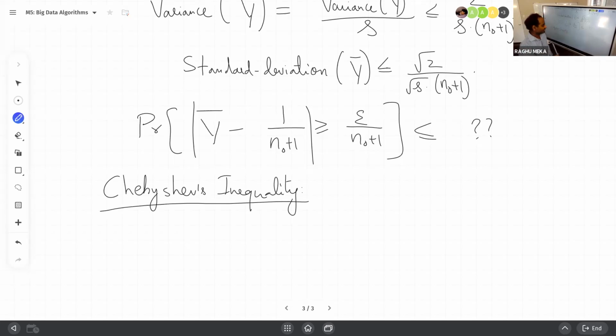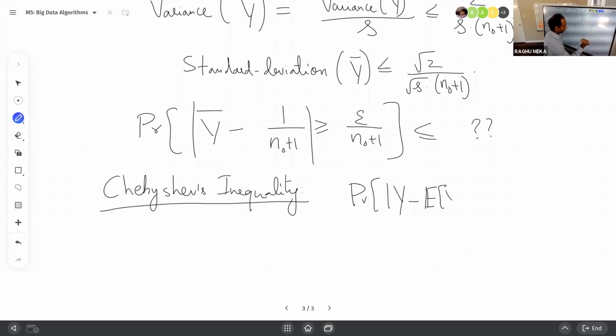Okay, which is a very widely applicable thing and says that for any random variable y, the probability that you deviate from your expectation by an amount of t is at most the standard deviation of y divided by t.